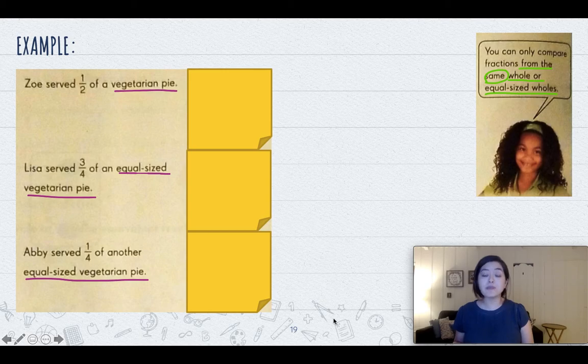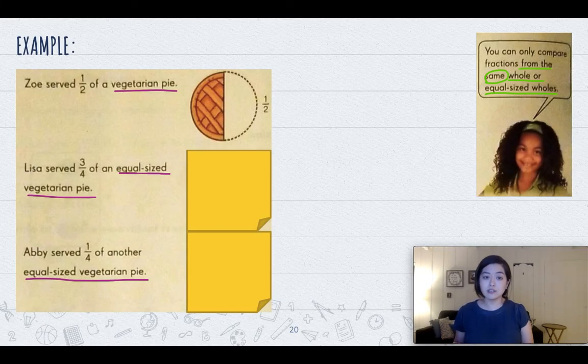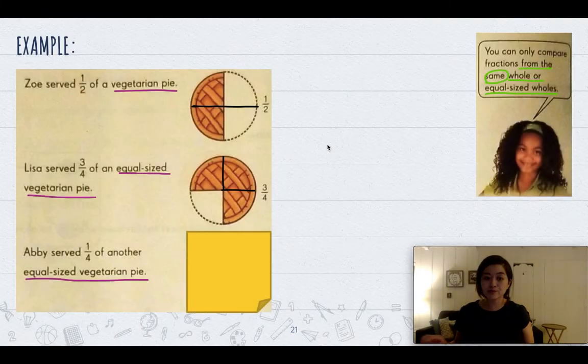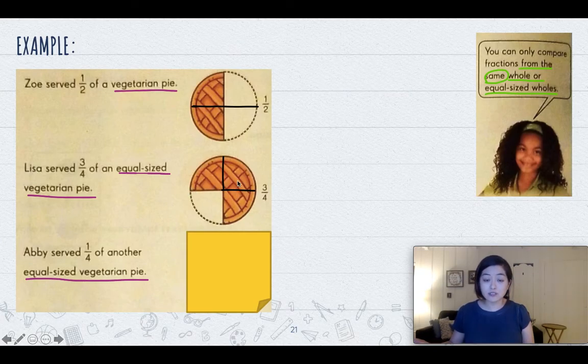Let's look at some good examples of equal size wholes. Here's one. Here's 1/2 of a pie. You can see that the whole is this circle here, and then half of it is right there, right? So that represents 1/2. Here is 3/4 of a pie. I drew these black lines here to show you how there's 1, 2, 3, 4 parts total, but 3 parts are the pie.